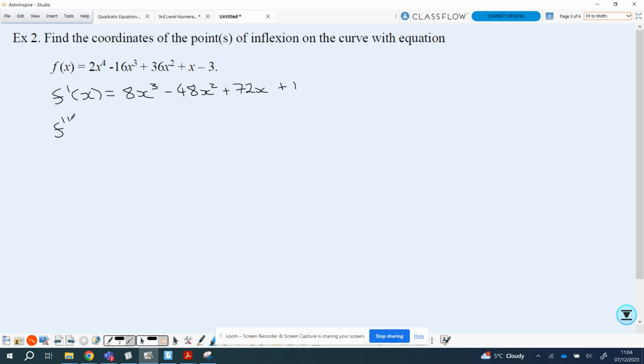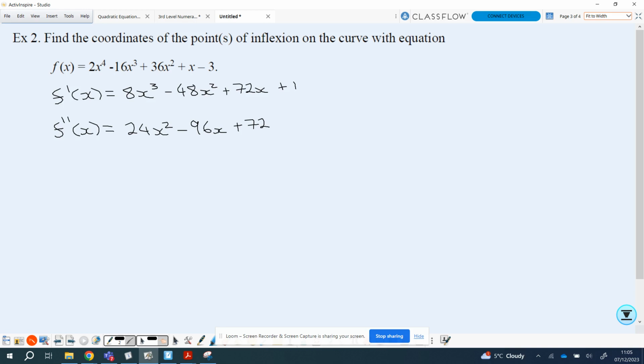I want to differentiate it again. So that'll be 24x squared minus 98x, oh, not 98x, my apologies, 96x plus 72. So I've differentiated twice in there.